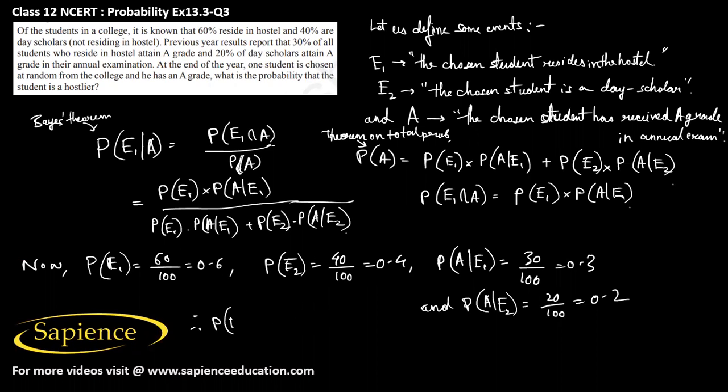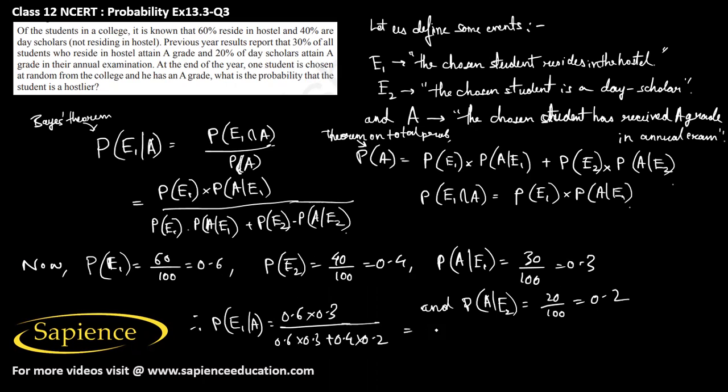Therefore the probability of E1 given A is equal to P of E1, that is 0.6, into P of A given E1, the 0.3, divided by 0.6 into 0.3 plus 0.4 into 0.2.